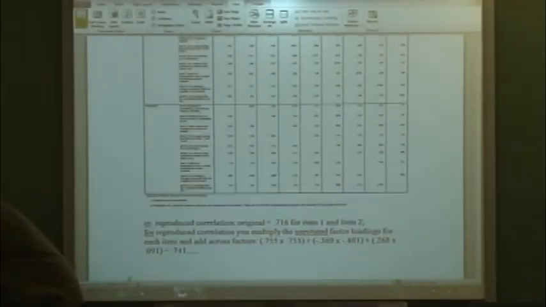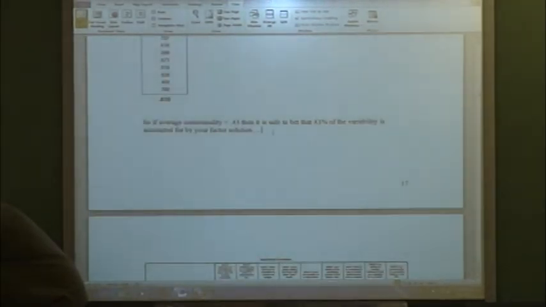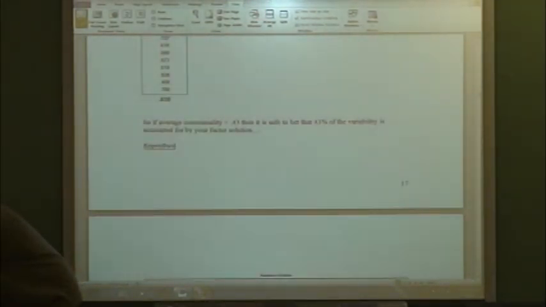Let's look at our reproduced versus actual correlation.